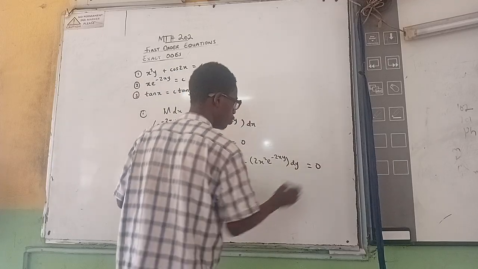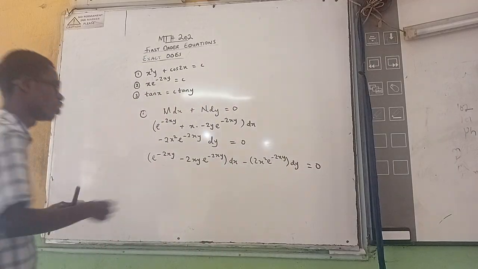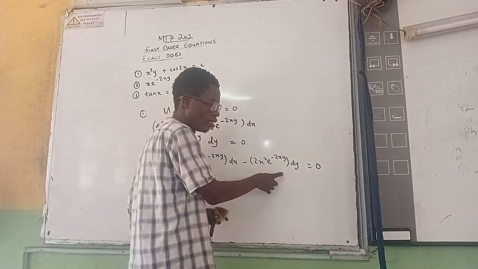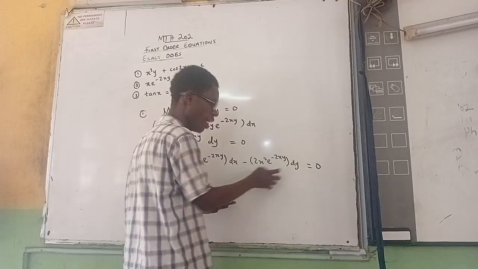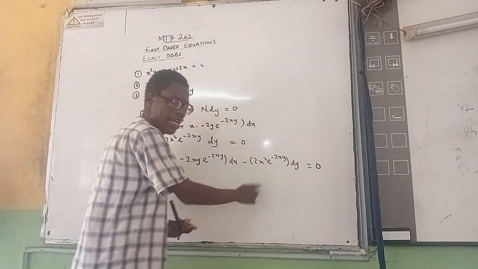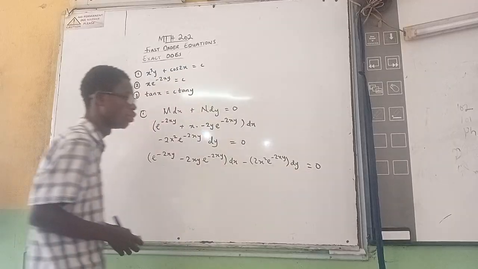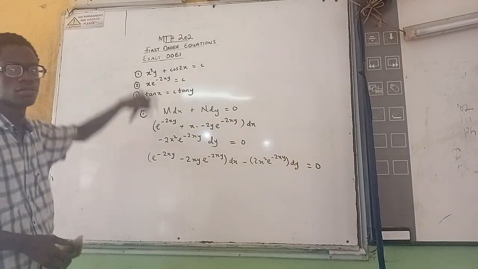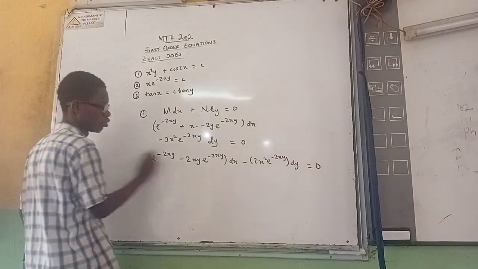This is the one we differentiated with respect to y, equals 0. N is the one carrying this minus. So this is the equation we get from the second general solution. This is the only one we get.